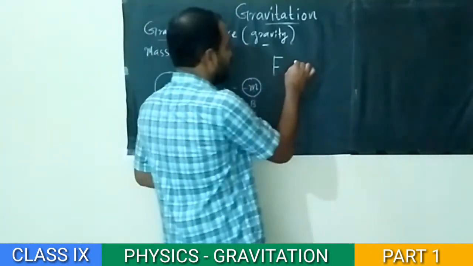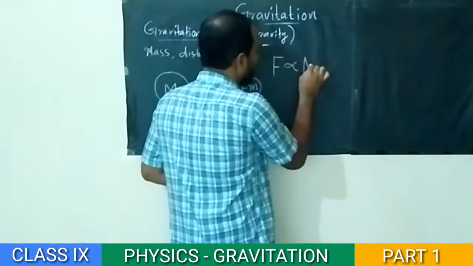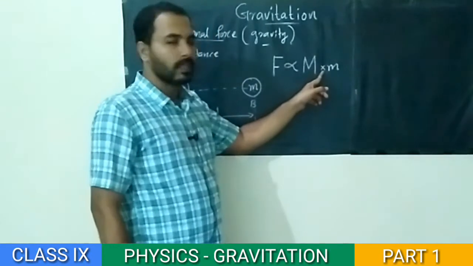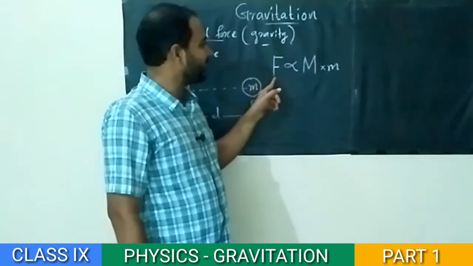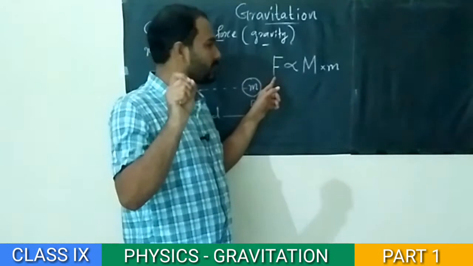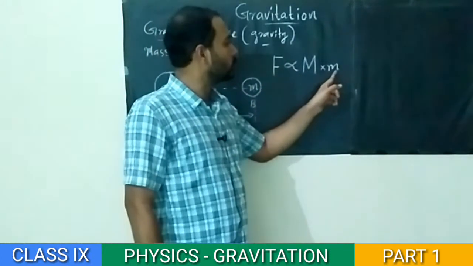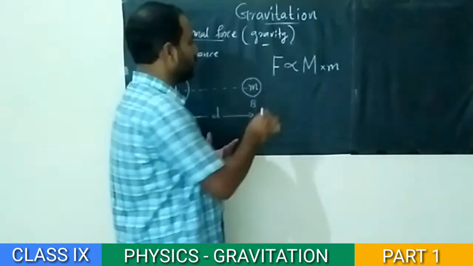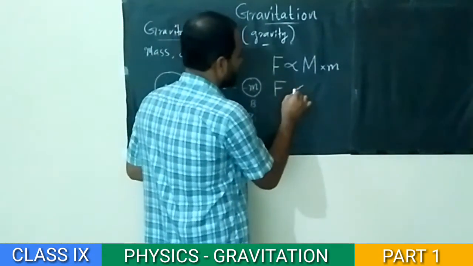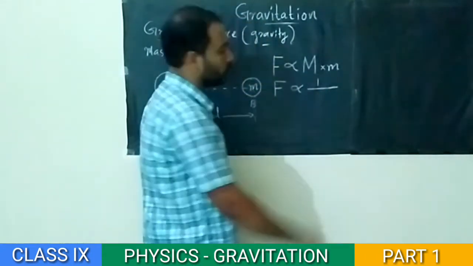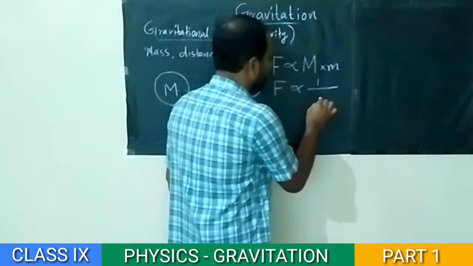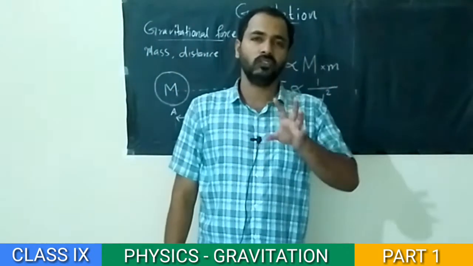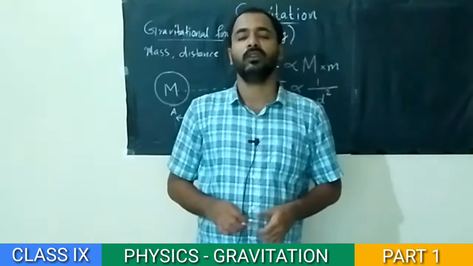F is directly proportional to the product of their masses. Product means multiplication. The force of attraction between two objects is directly proportional to the product of their masses, and inversely proportional to the square of the distance between them. This is called the universal law of gravitation.